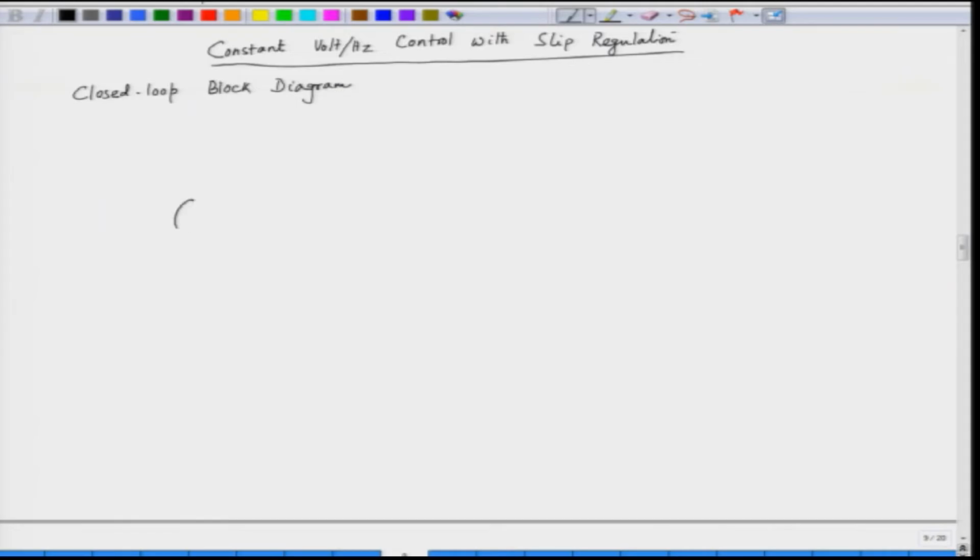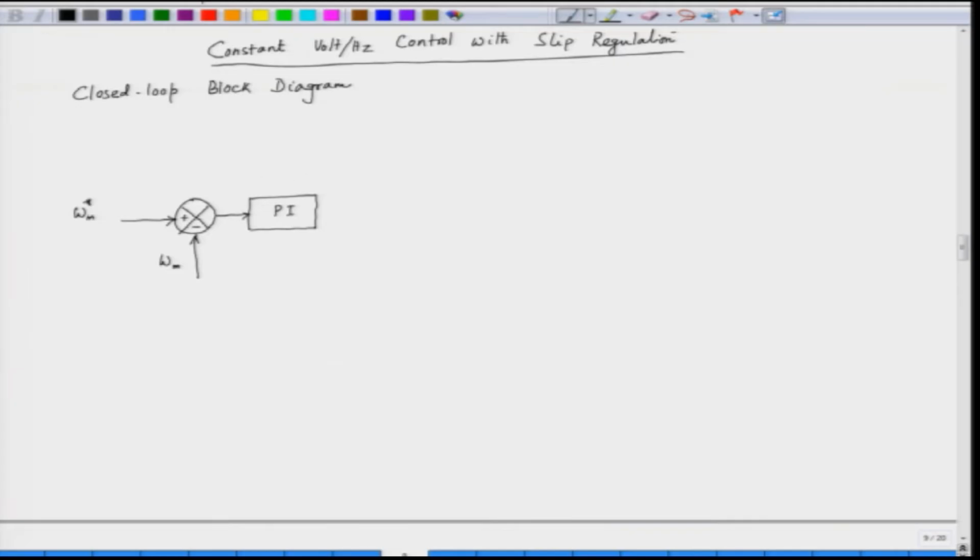So, let us start with the reference speed. We have the reference speed that we feed here and this is fed to a summer block, which has positive and negative inputs, and the reference speed is compared with the actual mechanical speed of the rotor. The output of this comparator is fed to a PI controller.